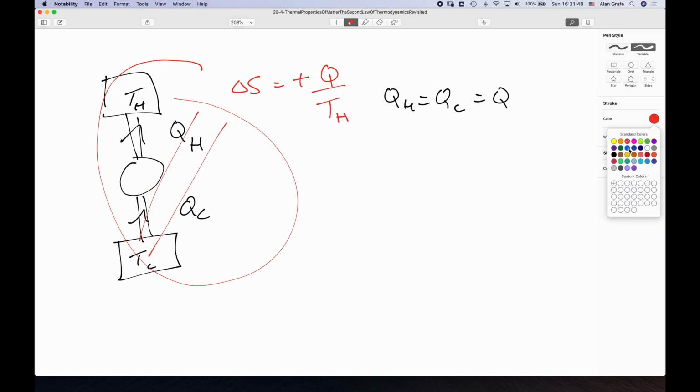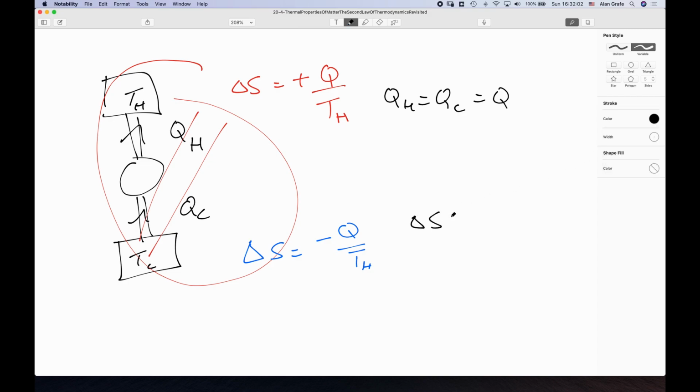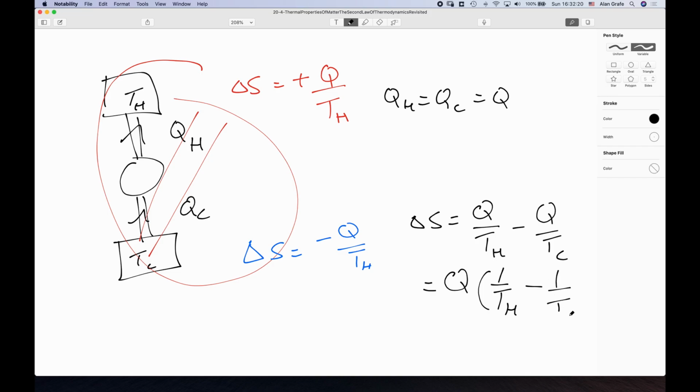Meanwhile, in the cold reservoir, since we're transferring heat out, there'll be minus Q over T cold. So the change in entropy of the system will be the two entropy changes added together: Q over T hot minus Q over T cold. So this will be Q times (1 over T hot minus 1 over T cold).